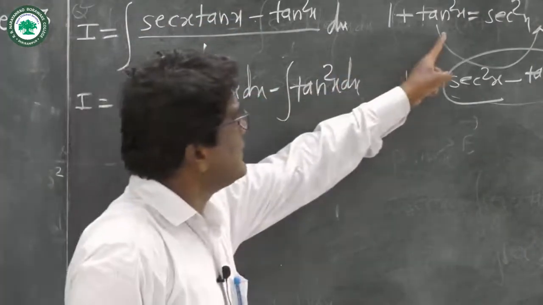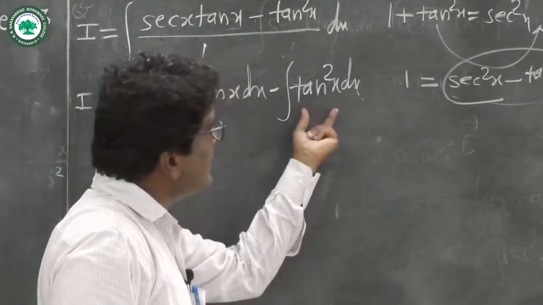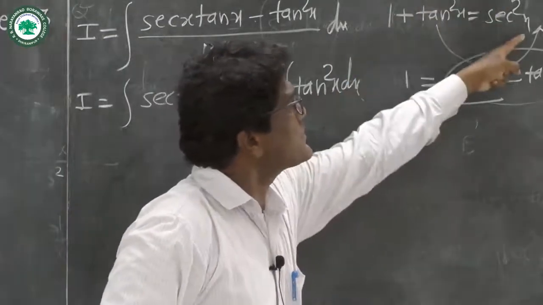Again from this fundamental identity we put the value of tan square x as sec square x minus 1.